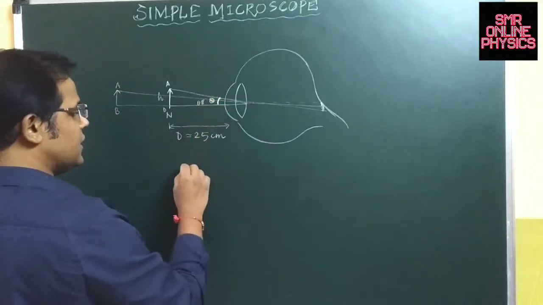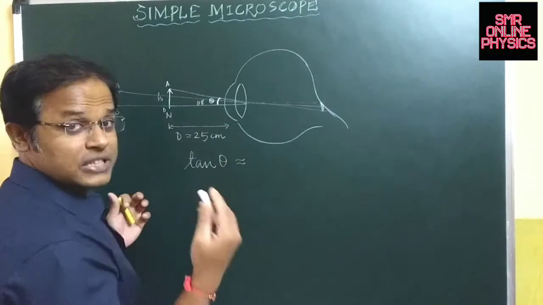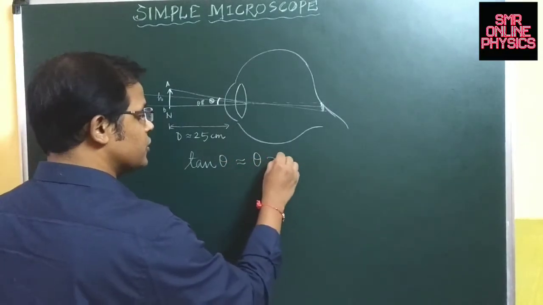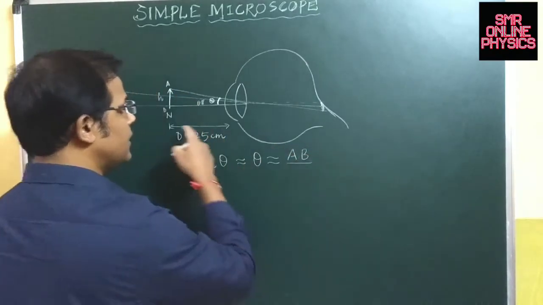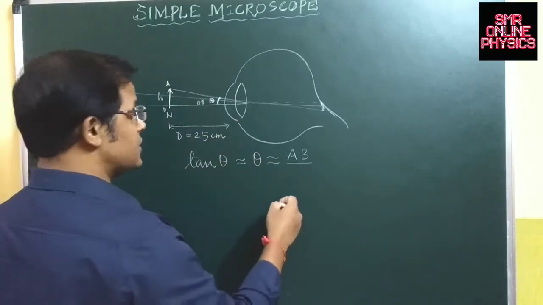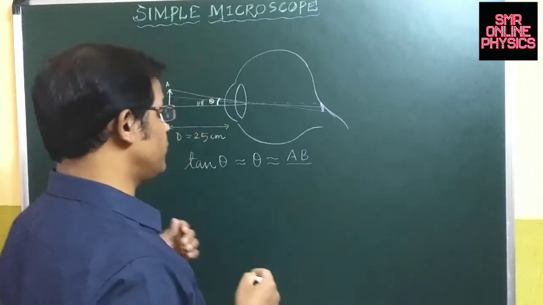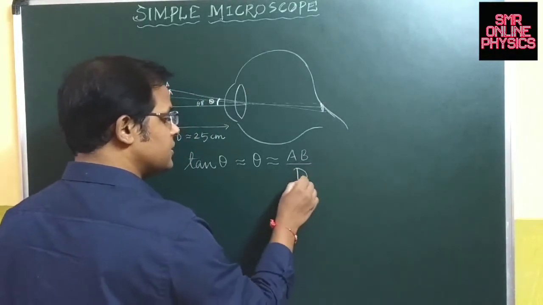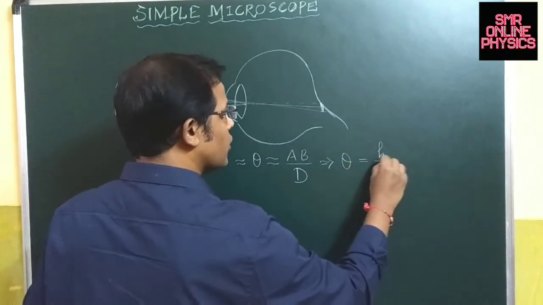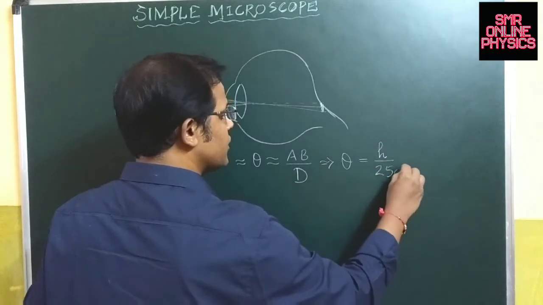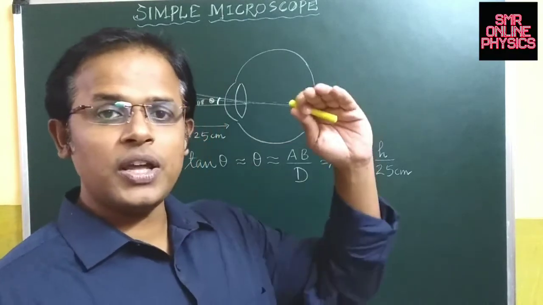If I call it theta, then tan theta is almost equivalent to theta because of its very small angle, and that is almost equal to the height of the object AB divided by the near point, that is the least distance of distinct vision, denoted by capital D. So I can say theta is equal to the height of the object divided by 25 centimeters. So there is a maximum angle the eye can subtend onto an object.